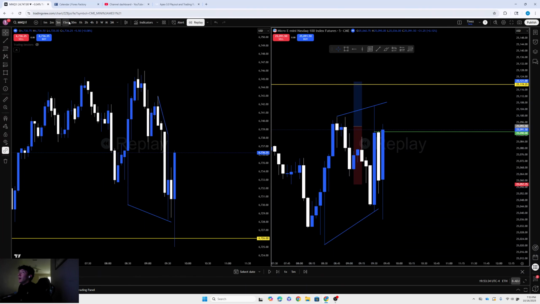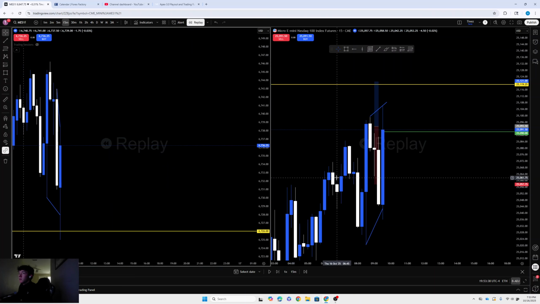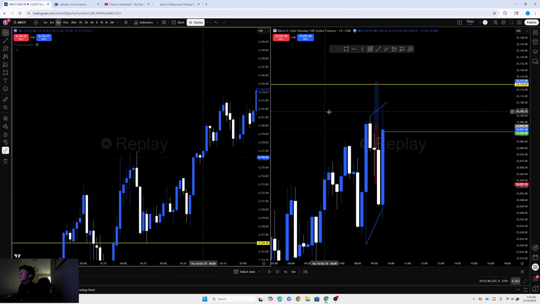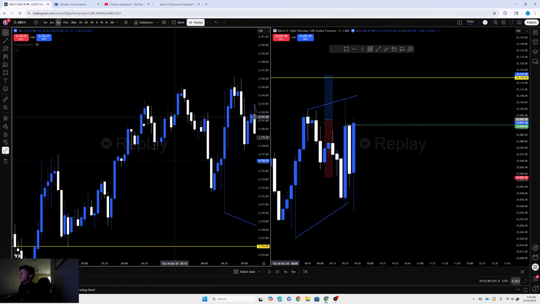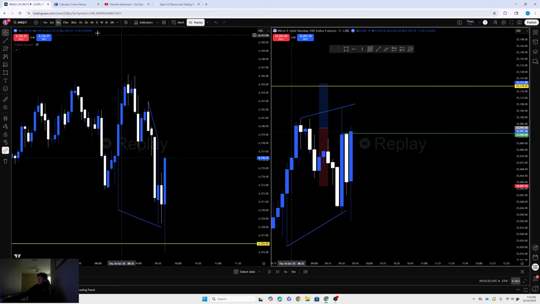And now with that, the 15-minute closed with a bullish S&T. So I'm going to take the higher time frame S&T, as you can see, and use that. So now I'm looking for longs. We close. So now I'm going to the 1-minute.